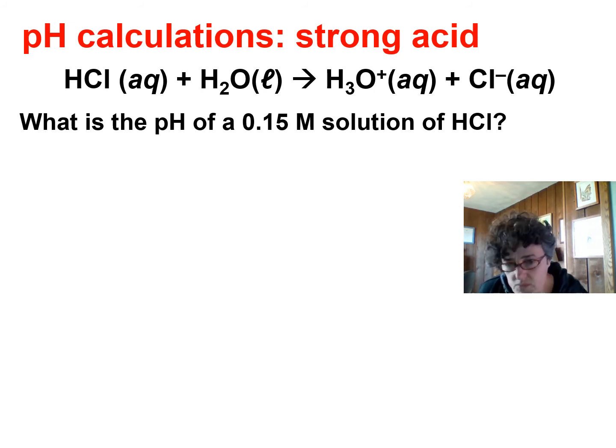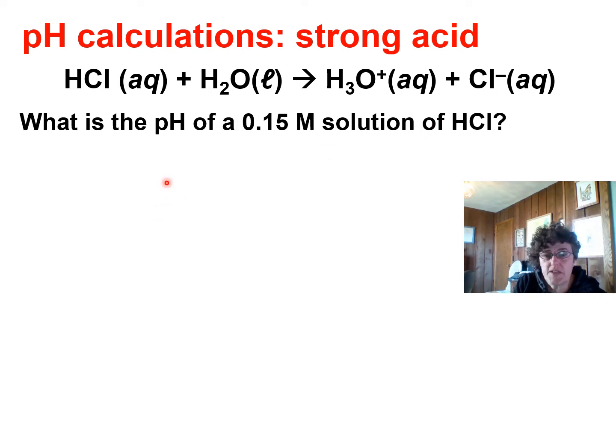So that's one way. If for some reason you have a blank, the fact that they do not give you the Ka is inherently suggesting this is a strong acid, because if it's a weak acid, there would be a mention of the Ka in some shape or form. So this is a strong acid.